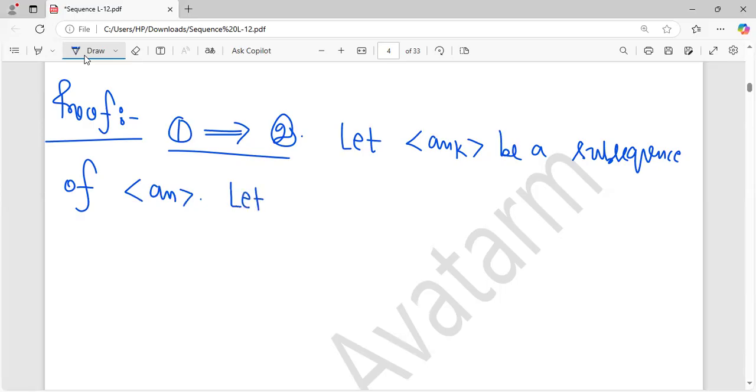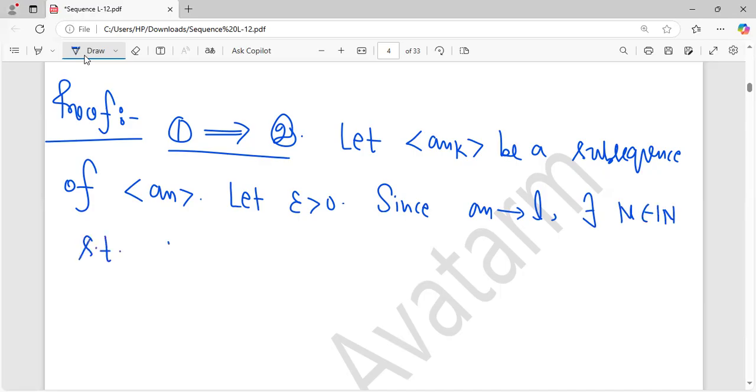Now let epsilon be greater than 0. Since a_n converging to L implies there exists capital N belonging to N such that |a_n minus L| is less than epsilon for all n greater than capital N.